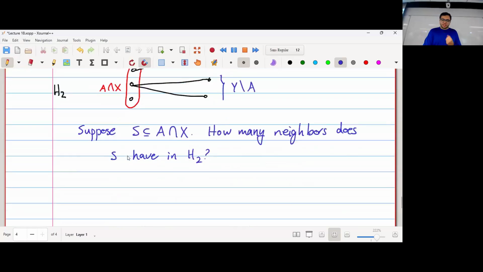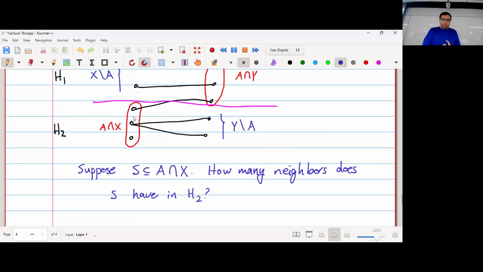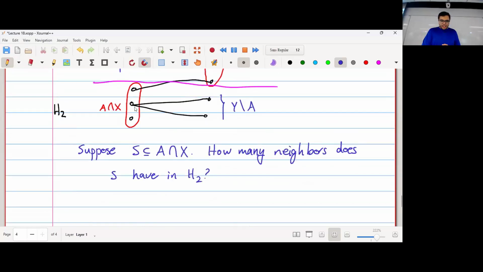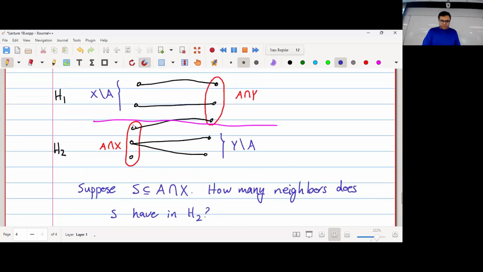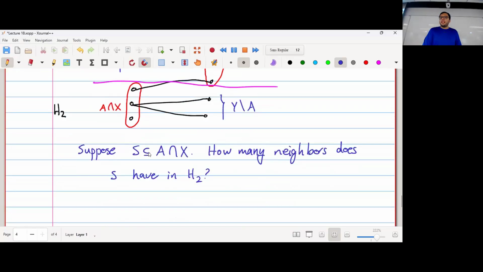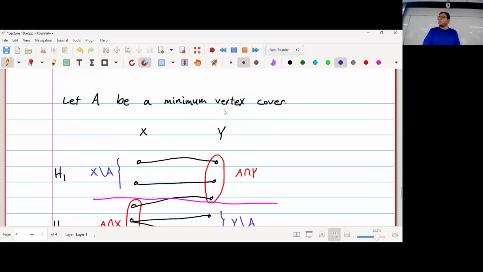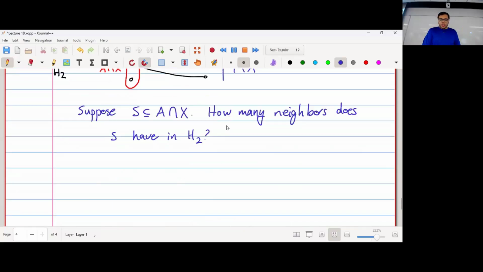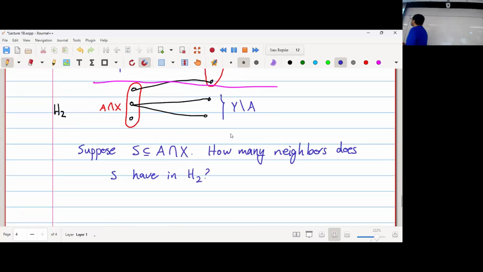So in some sense, we have this intuition that no vertex in this set S, or generally no vertex in the red part here, is added for no reason. There's no vertex that I can just remove, because this was supposed to be a minimum vertex cover. But I'm going to say this in a different way.